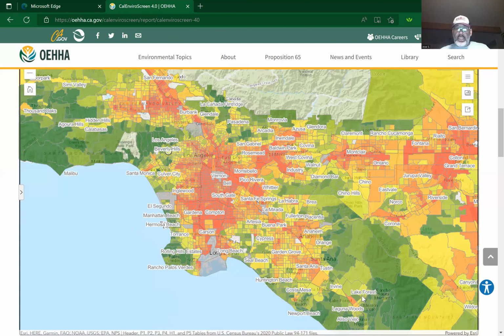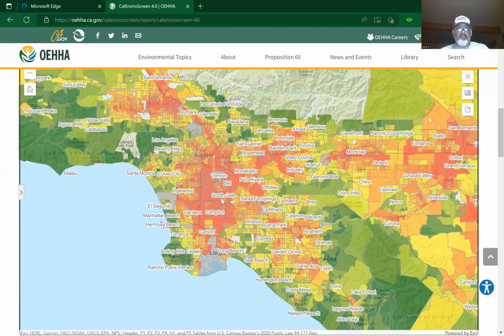These communities that have the green and better, less pollution, I don't know them to be ethnic hubs, whereas I do know Montebello, Pico Rivera, Bell, Compton are.